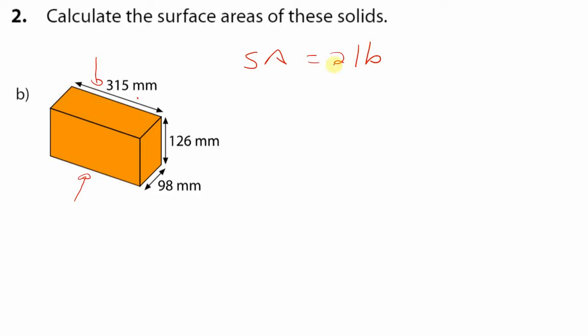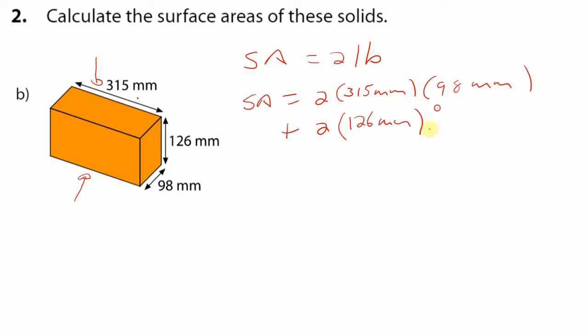So we can in fact say the surface area is equal to 2 times 315 millimeter times 98 millimeter plus, if we look at these ones, it's 2 because it's 1 on both sides, so it's 2 and the dimensions there is 126 millimeter times 98 millimeter.